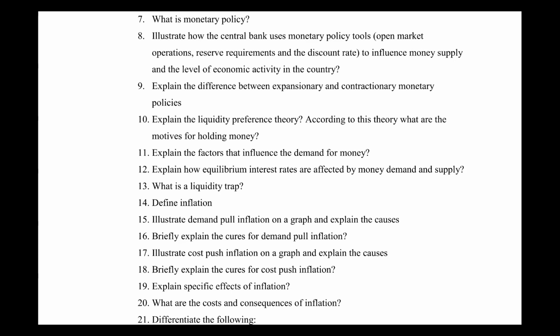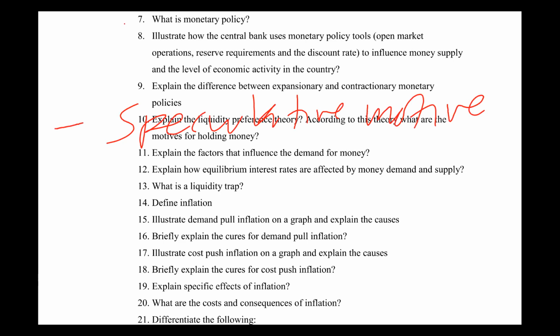To start with, there is a speculative motive. I'll explain what it means. These are Keynesian motives of holding money, according to the liquidity preference theory. Speculative. The other one is precautionary.